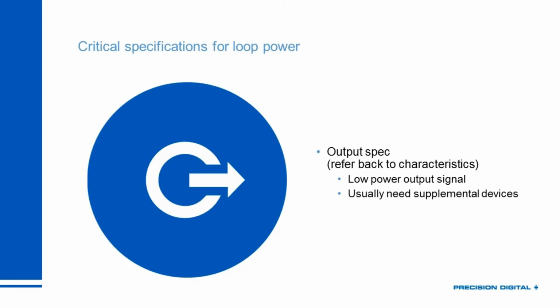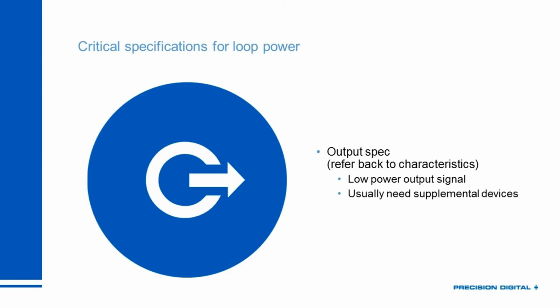I can't bring the power right through the loop power meter because my loop power meter's open collector outputs are too small a signal. They're not going to be able to support the voltage and current necessary. So I need to start thinking in terms of having an external power supply that's going to wire up with the open collector output to turn on a mechanical relay that is going to switch the pump on.